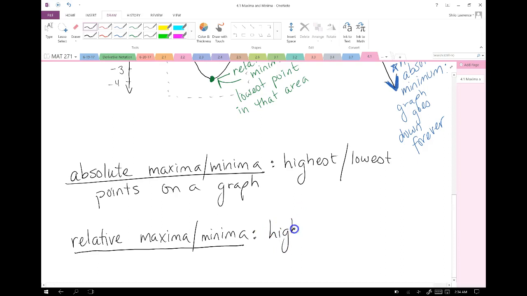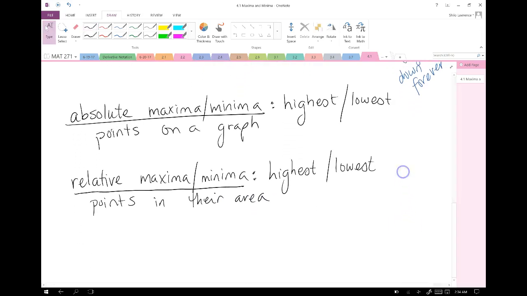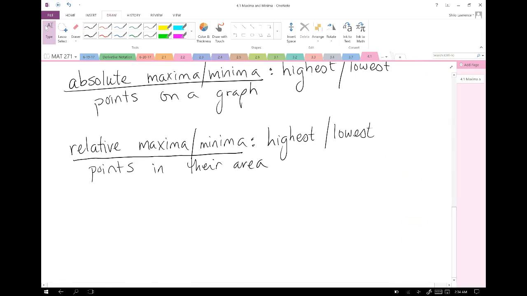So they are the highest and the lowest points in their area. And there's actually something calculus related that's really unique about those points where we have relative maxima and minima that we will talk about in just a little bit.